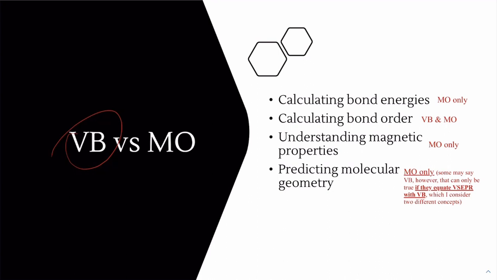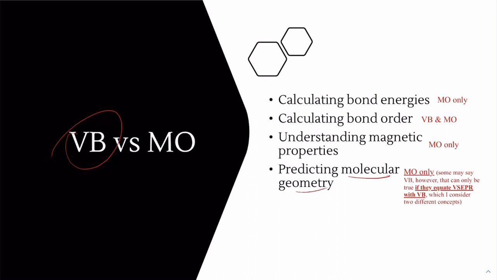So in my opinion, and this is strictly my opinion, it's only MO that can tell you molecular geometry, because we can use a supercomputer to incorporate all the data and get a structure out that will be super accurate if we use MO theory.